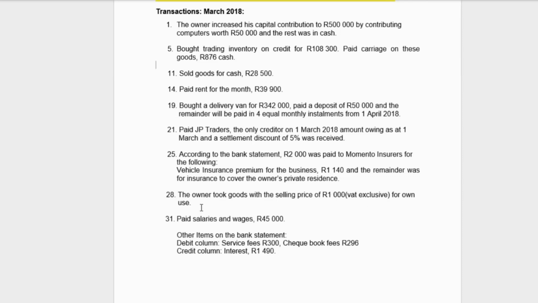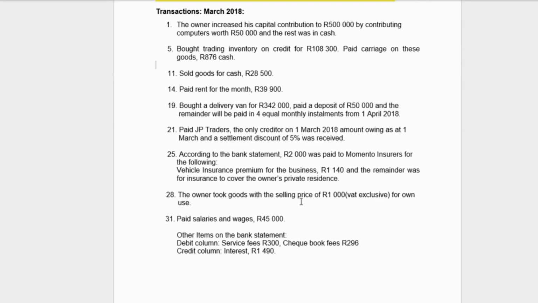So the owner took goods for own use at a selling price. We need to report goods at their cost, not at the selling price, unless we sell. That is why even when we sell, we also account for the cost of sales. But here we're not selling, so we only calculate the cost of goods that the owner took and record, right? So let's go and do that right now.